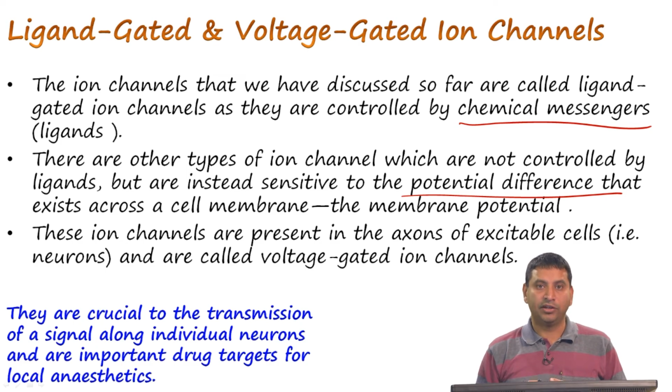These ion channels are present in axons of excitable cells such as neurons, where there is going to be a substantial difference in the membrane potential during neurotransmission. They are very crucial for transmission of a signal along individual neurons, and as we have looked at earlier, they are important targets for local anesthetics.